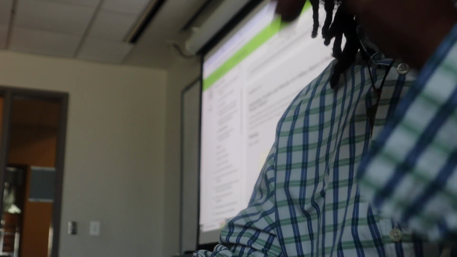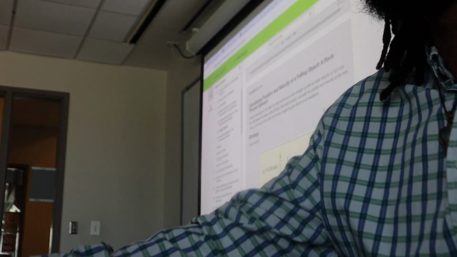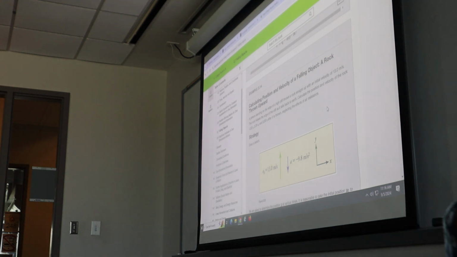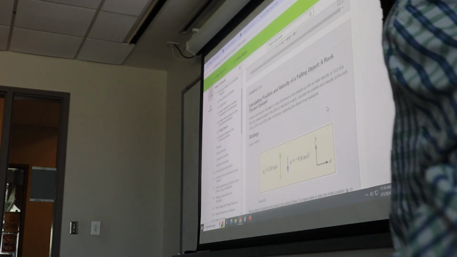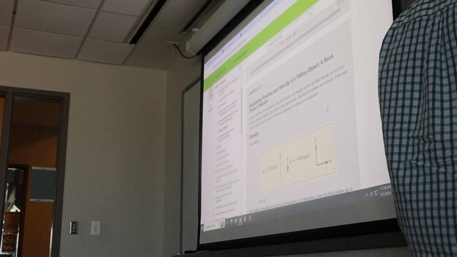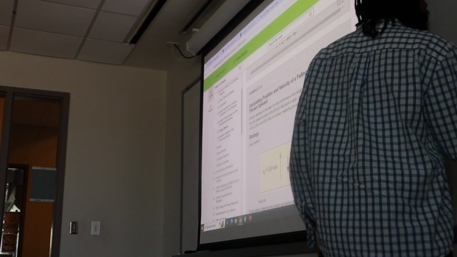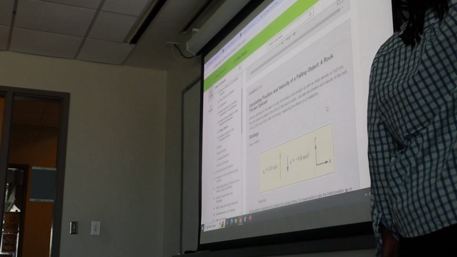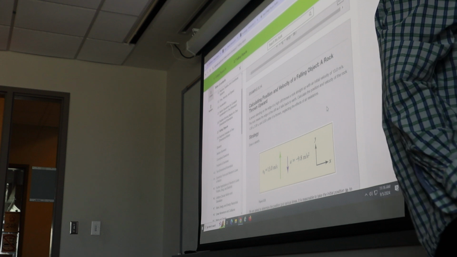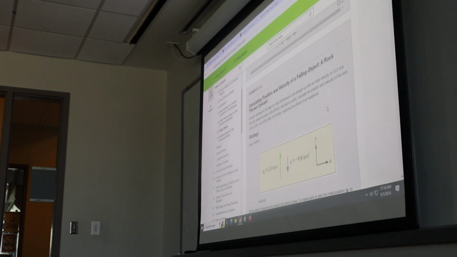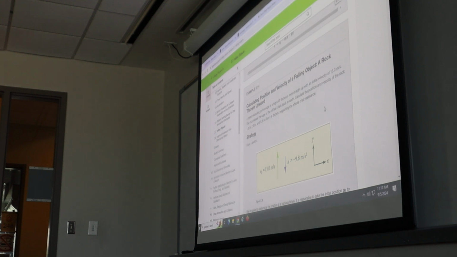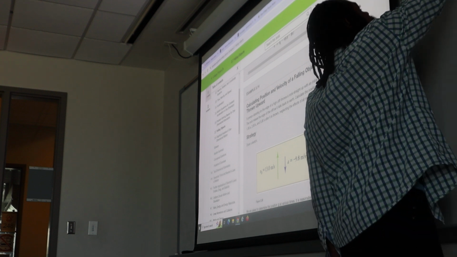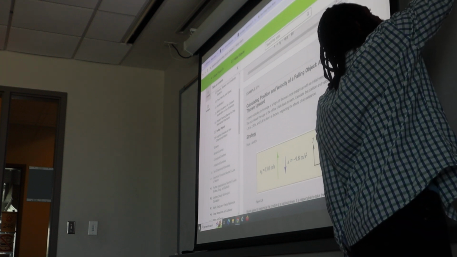And then where we have initial velocity. So if we're given a body diagram.